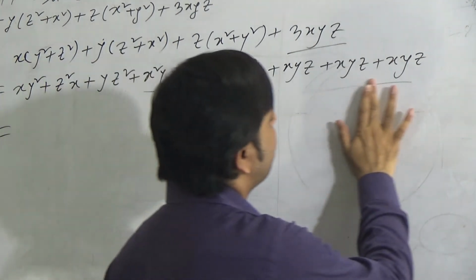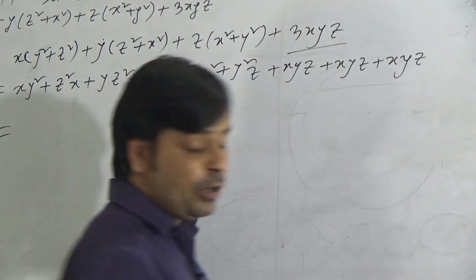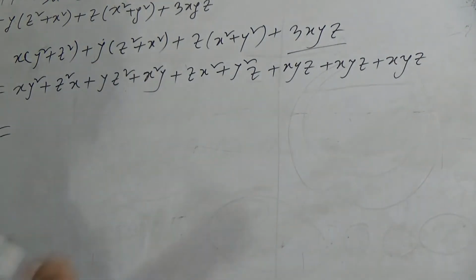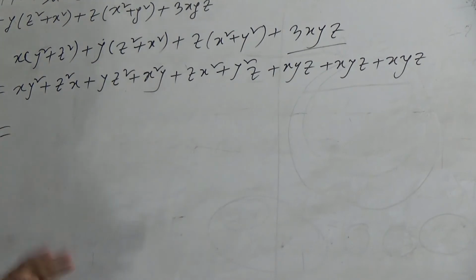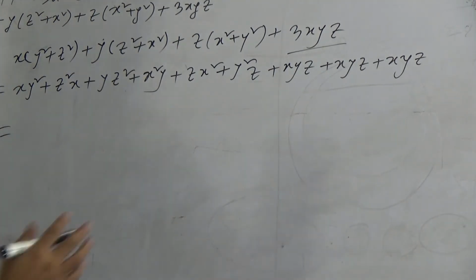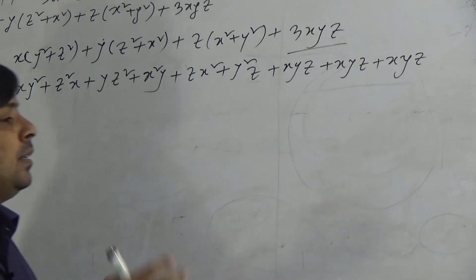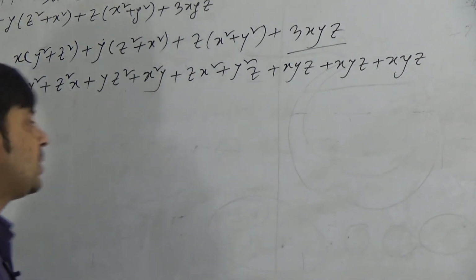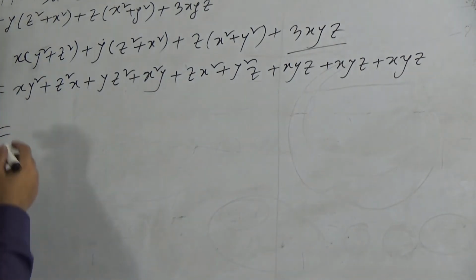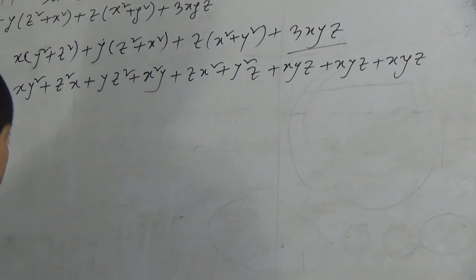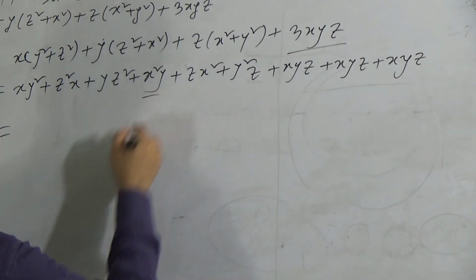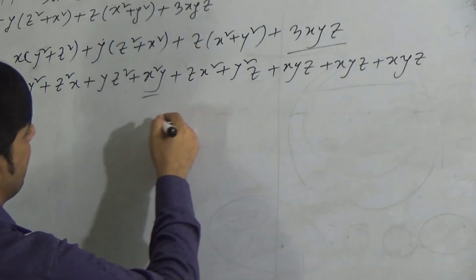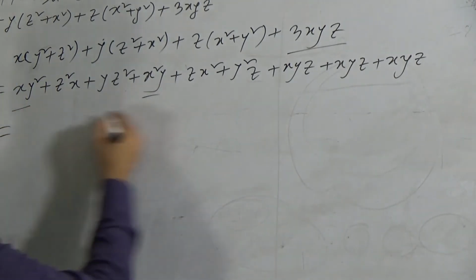So we have to take common from each 3 terms. To take the common, we have to apply some technique, we have to arrange some terms so that after taking common, the factor remains the same in each case. So we have to select 3 terms. How can we select? At first, suppose we consider x square y, then xy square, and then xyz.